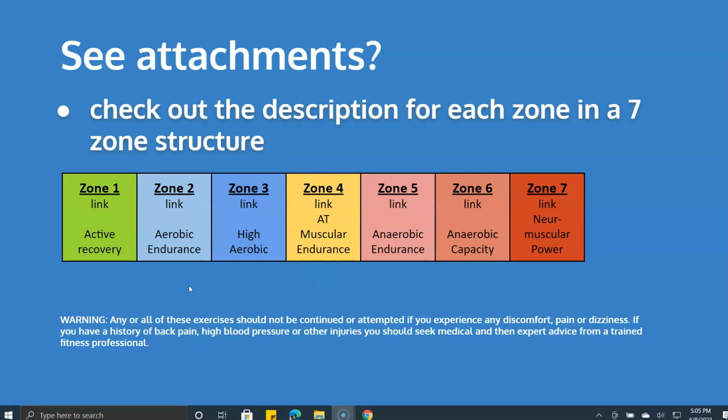So just to wrap it up, there's a lot more information within here when you read through the rest of the segments, but you'll also be able to link into a description of the types of workouts that we're looking at. So if we were going to focus, again, you could be doing a number of zones within one workout, but here we're just showing you where the emphasis is on the zone, for example, the zone 4 adaptation.